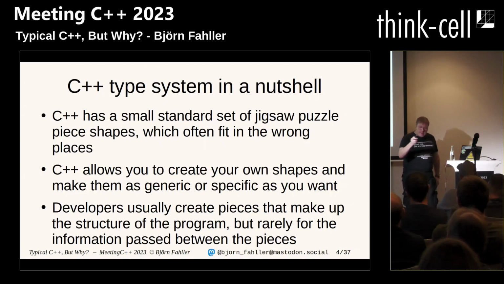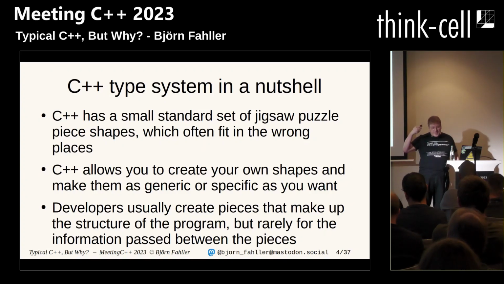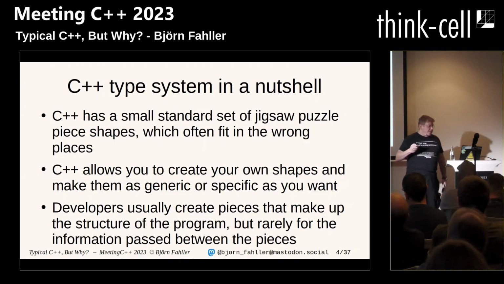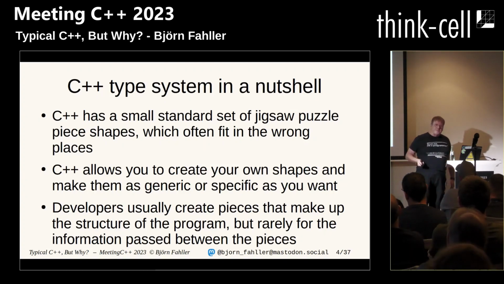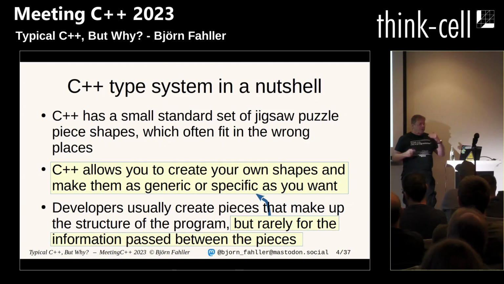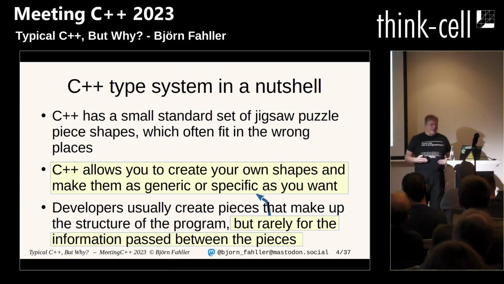And I intend to quite subversively tweak your brains a little bit here, so that when you go back to work after this conference, you will start rewriting your software. Because, yeah, you rarely do this, but C++ allows it.